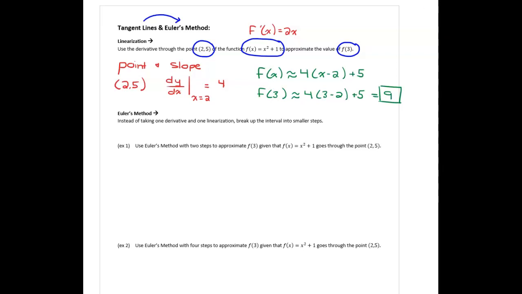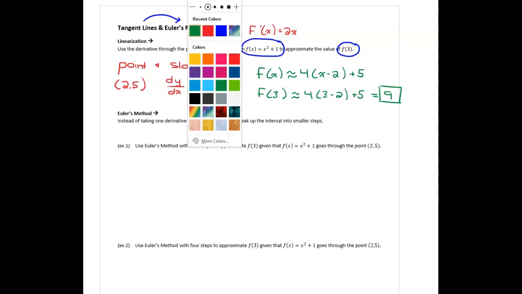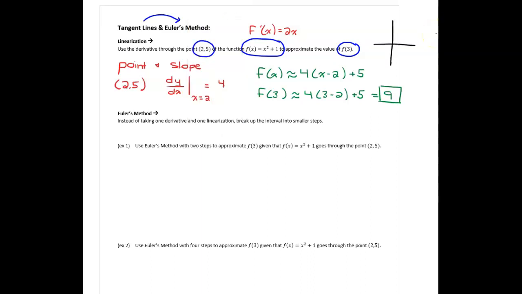All right, now let's use our thinking caps and talk about what is going on here. Here is our function, pretend that's a parabola. We're using this approximation at (2,5) to approximate f(3), and we got that our approximation is 9.